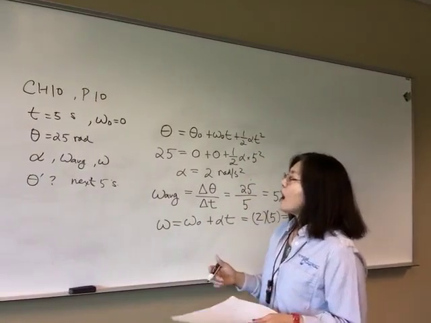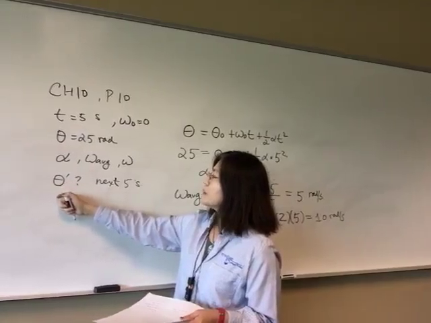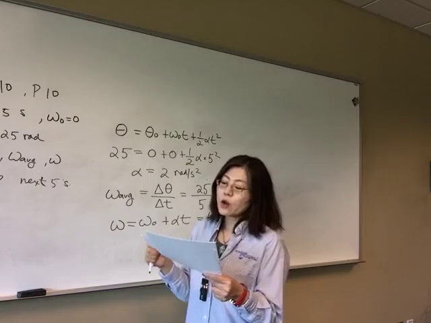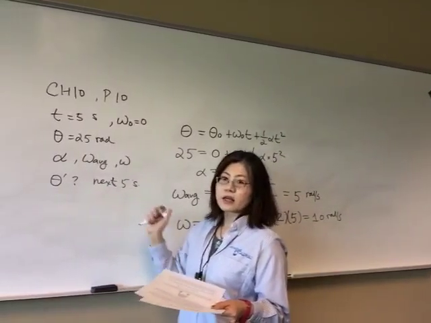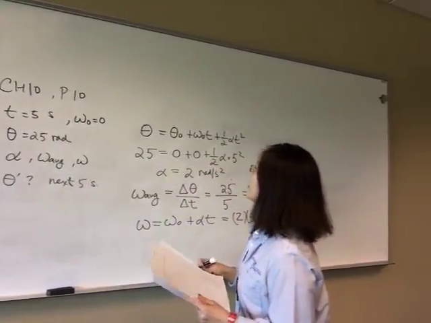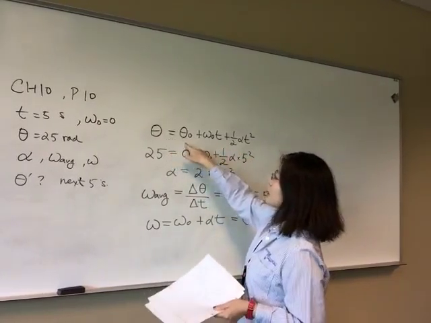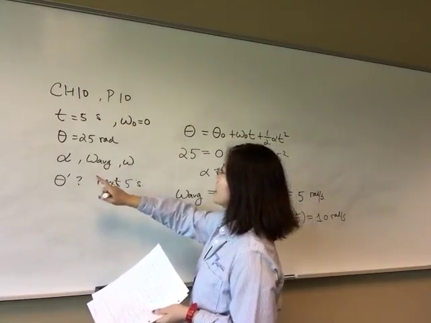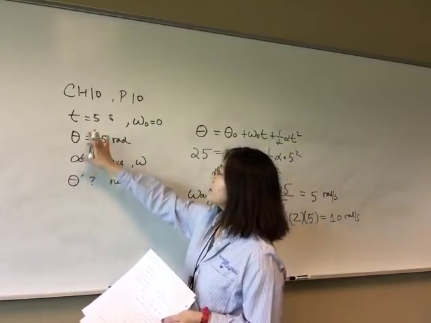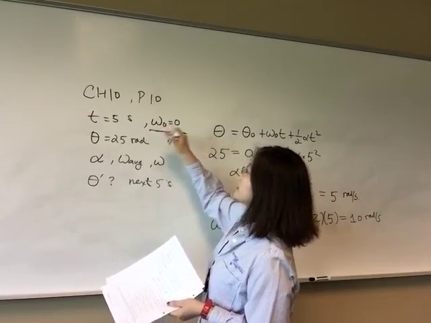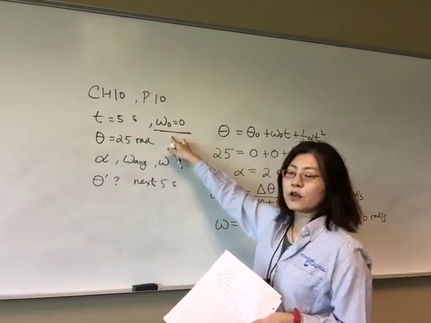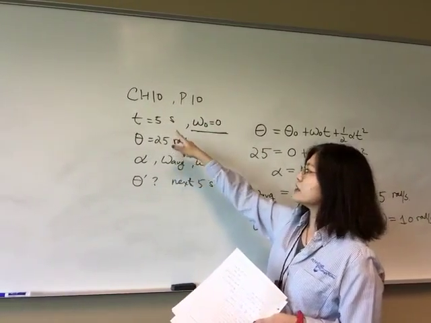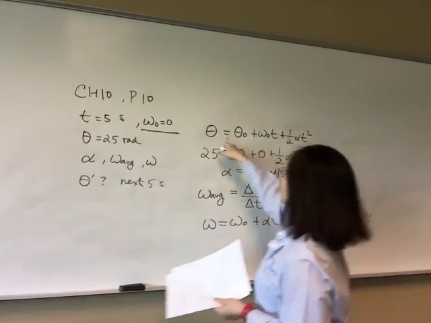And then you ask, what is the new displacement after 5 seconds? Let's see, what are you asked to find? What is the additional angle the disk will turn during the next 5 seconds? So here's what I would do. If we look back to this equation, you can still take the initial time as 0, and the initial angular velocity is still 0, and then the total travel time is 10 seconds, and you can just plug into this equation.